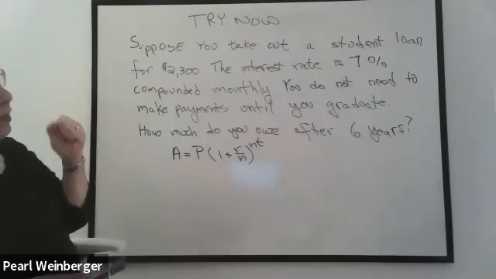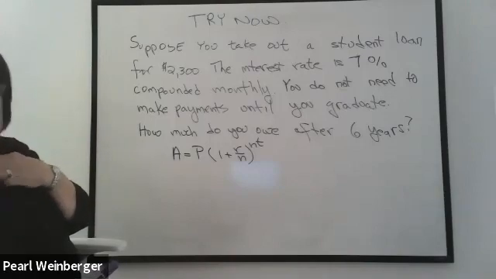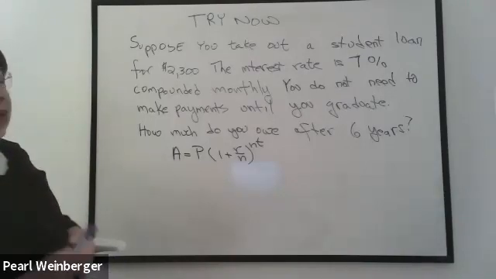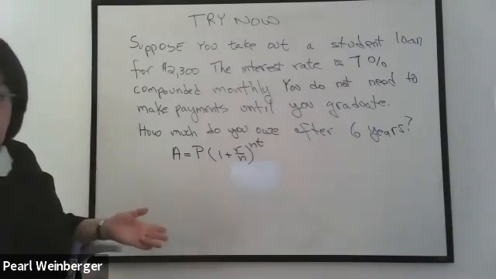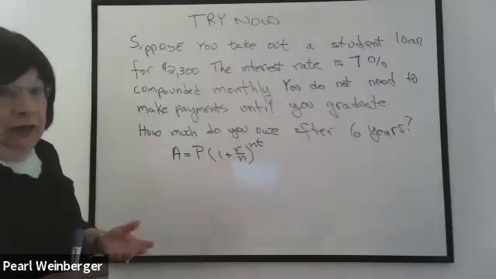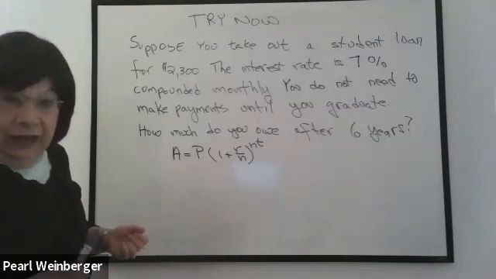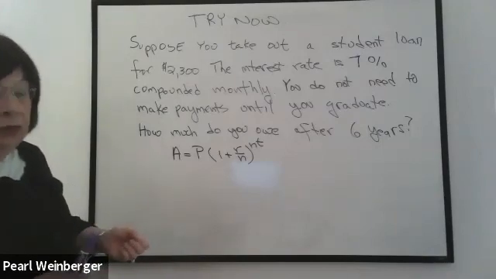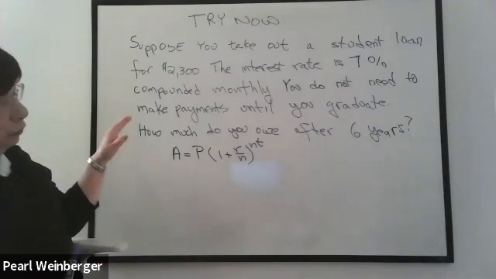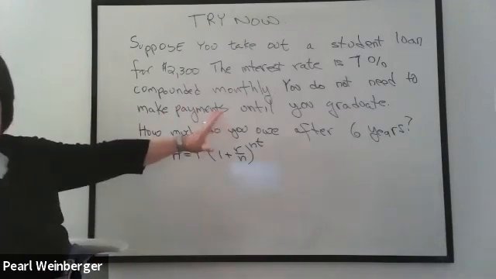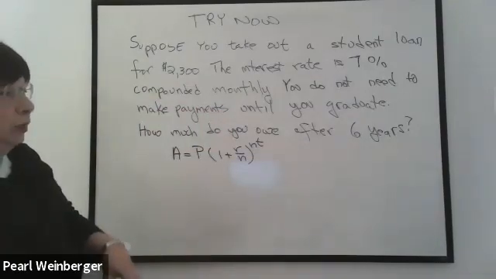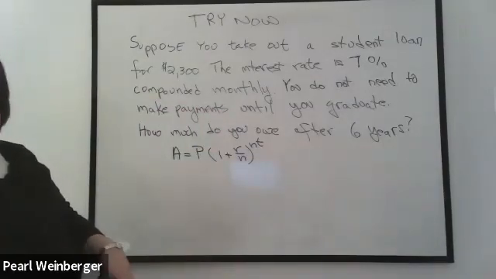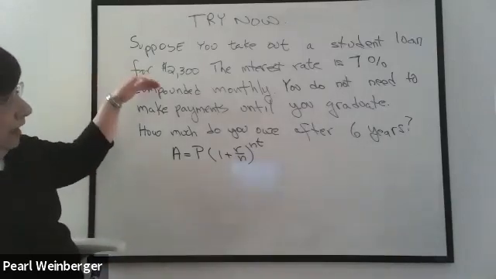Now, the interest rate that you got is 7%, and it's compounded monthly. When you take out a student loan, usually they give you the option of not having to start to pay back that loan until you graduate. So let's say it takes you 6 years to graduate. And now you want to start paying back the loan, and you want to know how much you owe at this point. So it's compound interest.